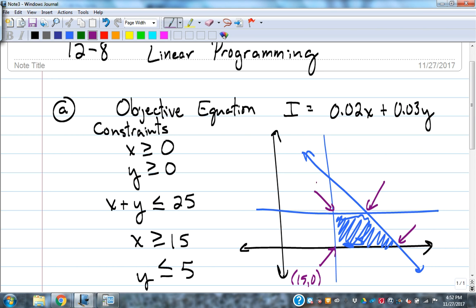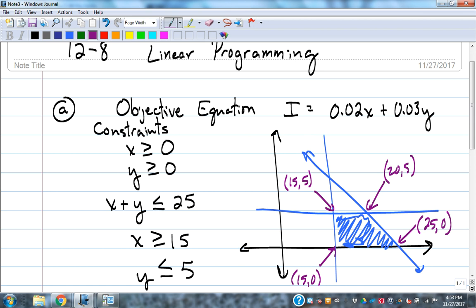Like this is 15, 0. This is 15, 5. This is 25, 5. And this is 25, 0. Those ordered pairs that are the corners of that constraint box, which I'll give you, are the things that you're going to check with the objective equation.